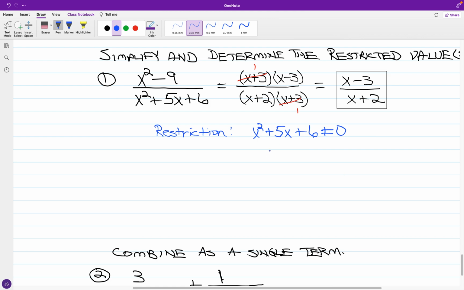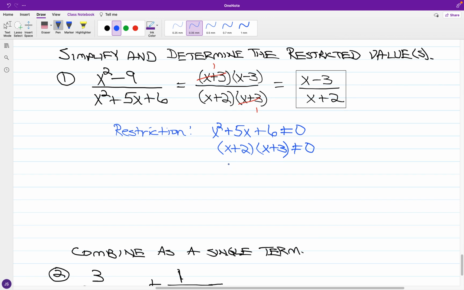So looking at what we have here, and factoring once again, we have x plus 2 and x plus 3 as the factors of the trinomial x squared plus 5x plus 6, which cannot be 0. But we have that the factors cannot be 0 either. So if x plus 2 cannot be 0, we have that x cannot be equal to negative 2.